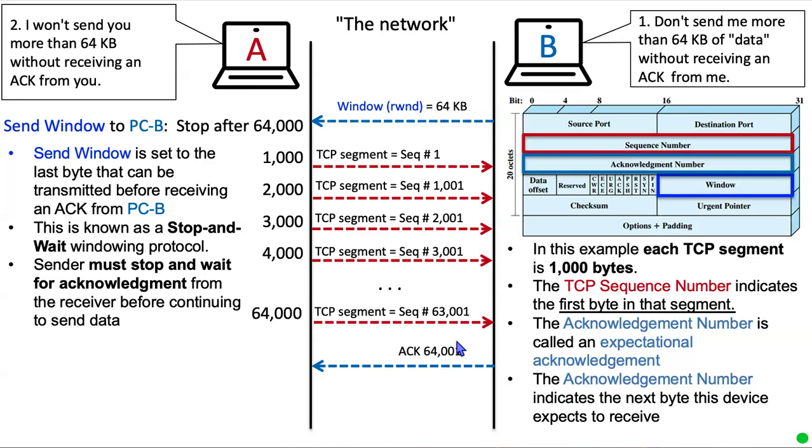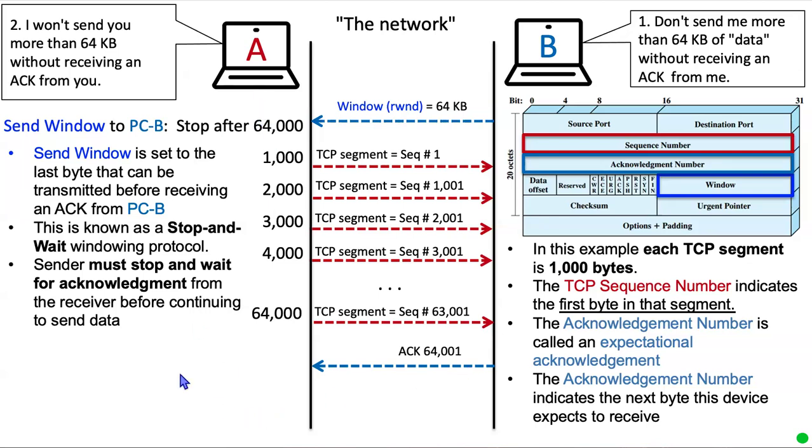The acknowledgement number indicates the next byte that this device expects to receive. So it received byte 64,000. That was the last byte PCA sent. So PCB says, great, I got the first 64,000 bytes. The next segment I expect from you should start with byte number 64,001.